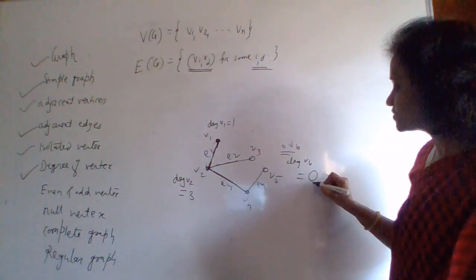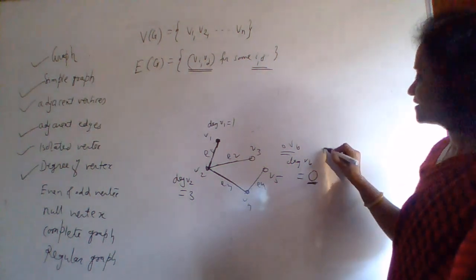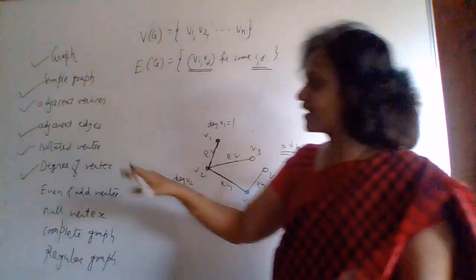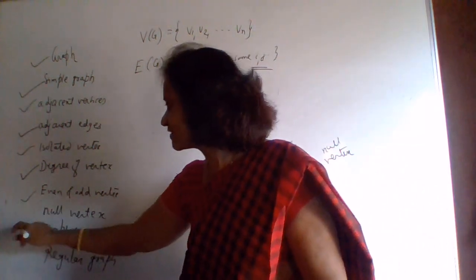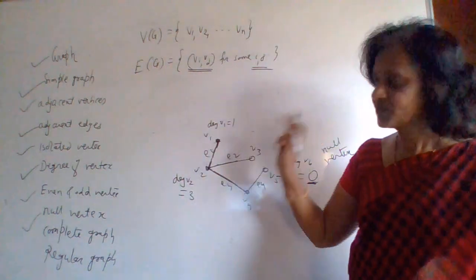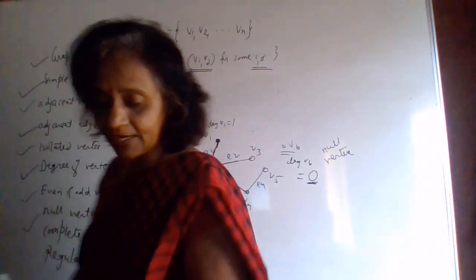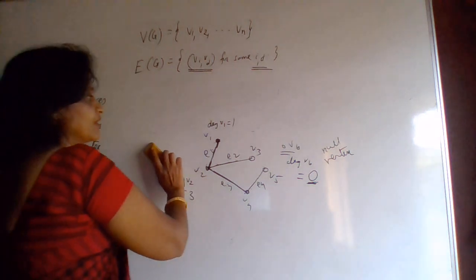And a vertex whose degree is 0, that is called as a null vertex. So null vertex is same as isolated vertex. So that is your even and odd vertex and null vertex. So these are the basic things what you need in graph theory. And now next we will see what is called as complete graph and what is called as a regular graph.